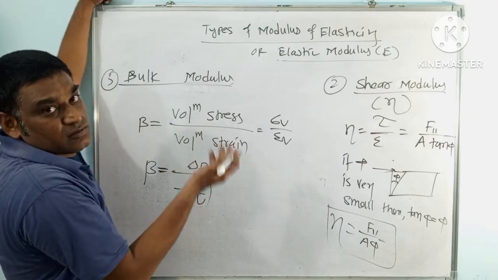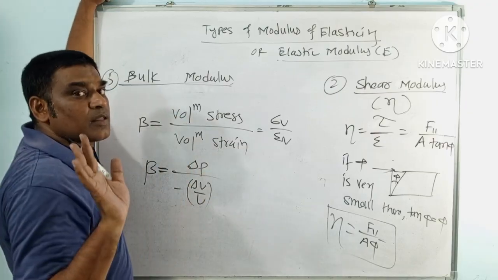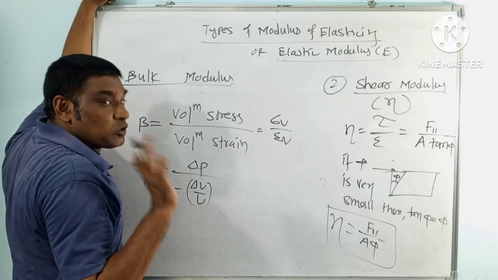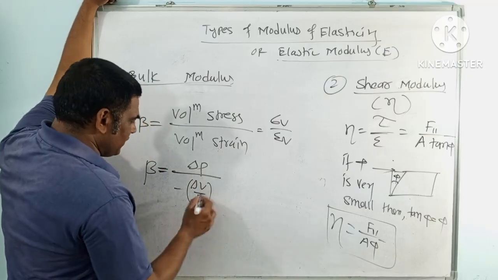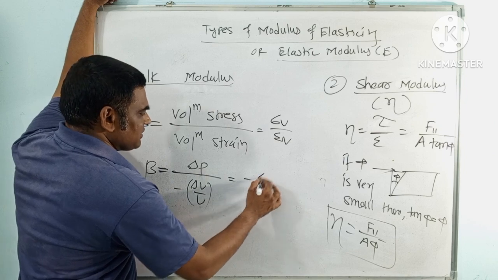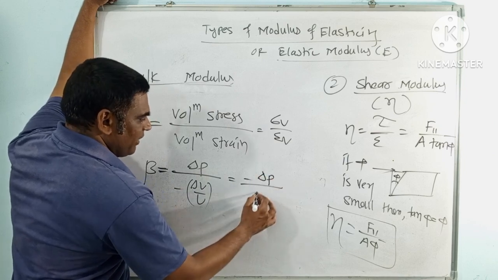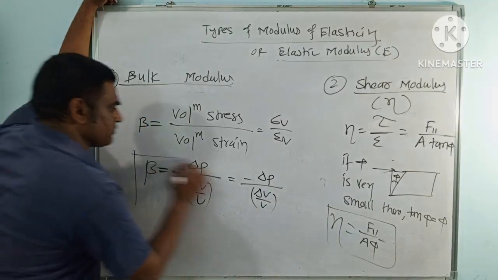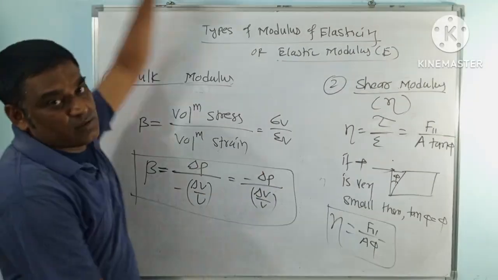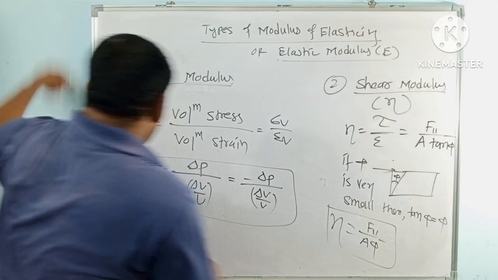This we discuss mostly in liquids, fluids, right? So finally we can write this as minus delta P divided by delta V by V. So this is your bulk modulus.